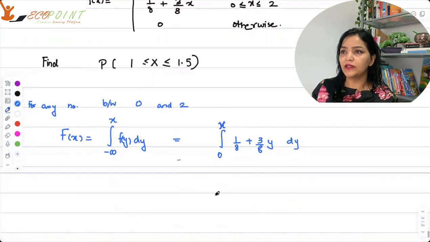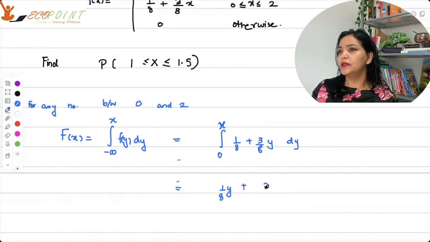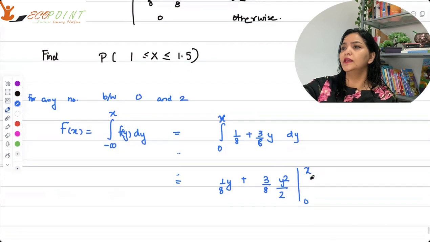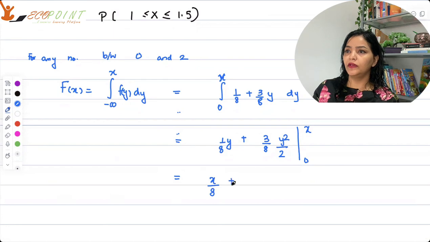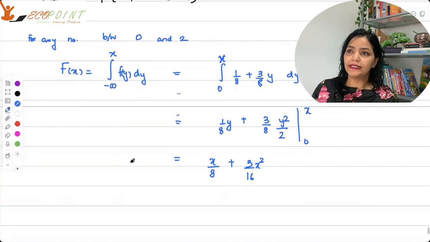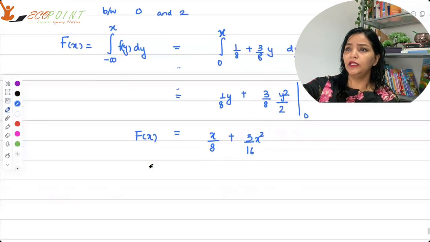So we will integrate this and we will get 1 by 8 y plus 3 by 8 y square by 2, and then we have our bounds 0 to x. So hence what we will get is x by 8, because x minus 0 for the variable, plus 3 by 16 x square. Now what is this? This is your capital Fx for any number between 0 to 2.